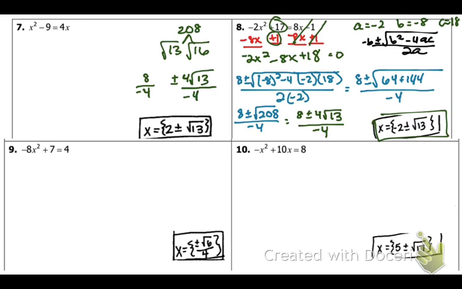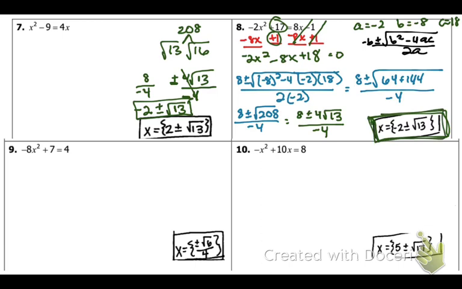Now the 8 over negative 4 will turn into a negative 2. And now this 4 divided by 4 cancels out to just 1. But because this negative already lives here, we don't have to keep writing it. So we'll just have plus or minus the square root of 13. And that's what we have here.